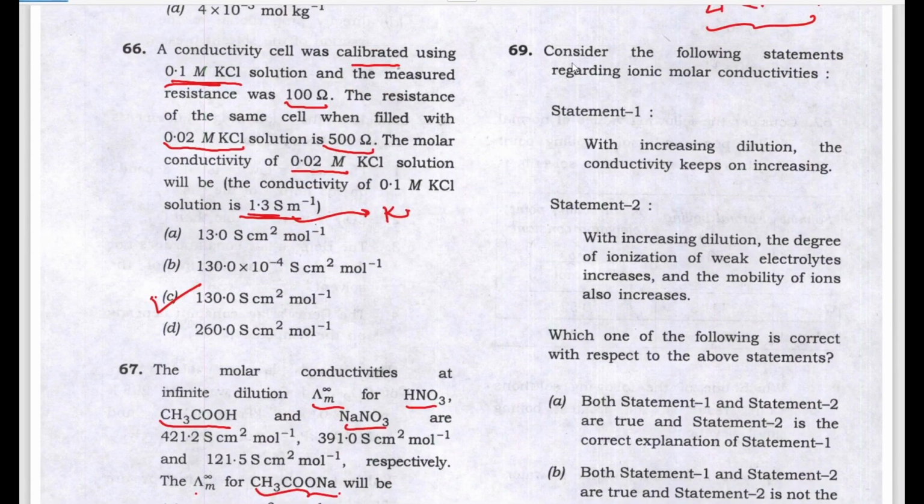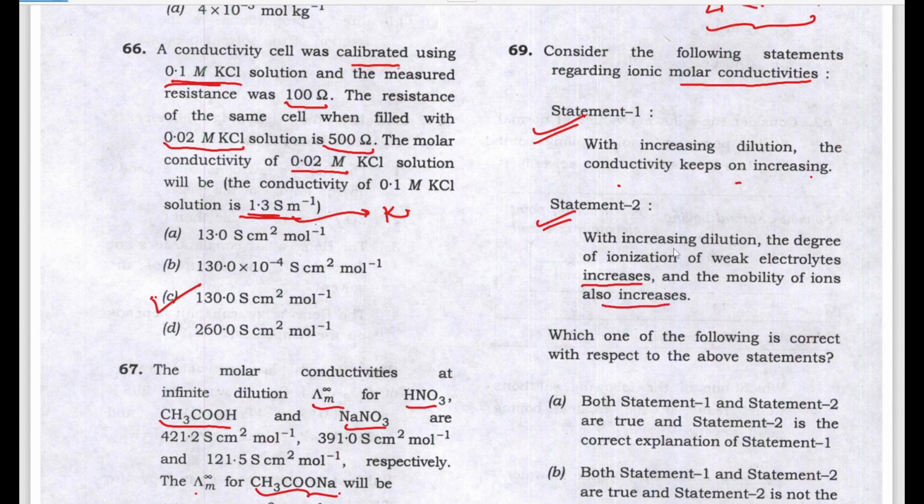In the 69th question, consider the following statements regarding ionic molar conductivities. In the first statement, with increasing dilution, the conductivity keeps on increasing. This is a correct statement. As the dilution increases, obviously conductivity will increase. In the second statement, with increasing dilution, the degree of ionization of weak electrolytes increases and mobility of ions will also increase.